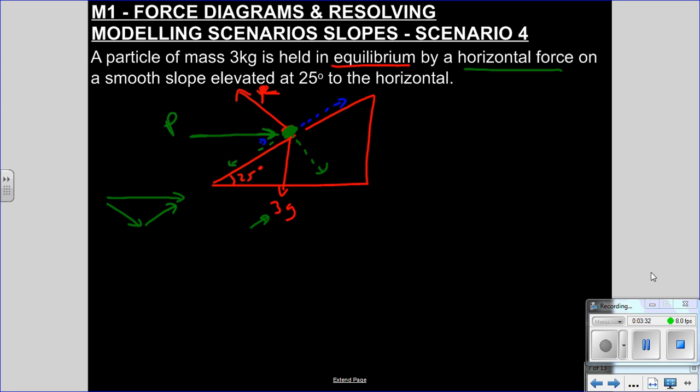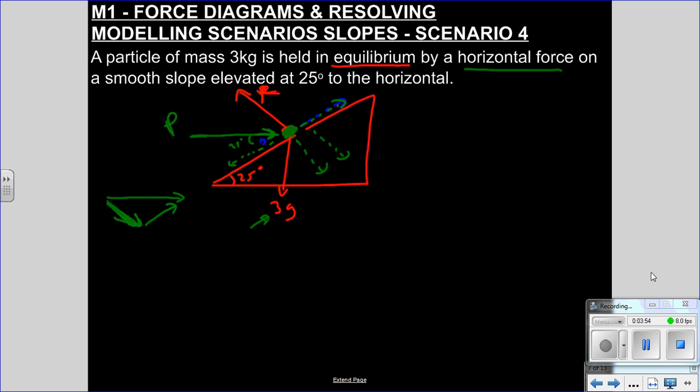So there's my parallel element to the slope. And it's also got this downward element here perpendicular to the slope. So that would be another one here, right? So this one, as it would be next to the vector here, so 25 degrees would be here.